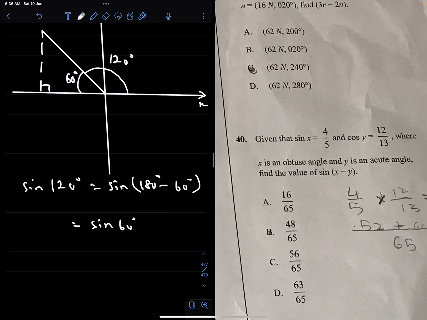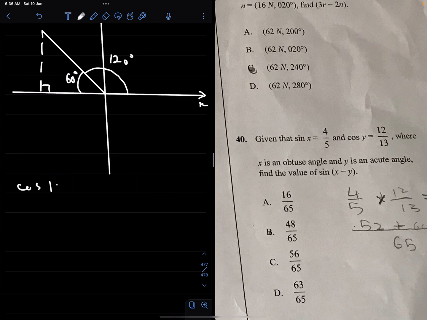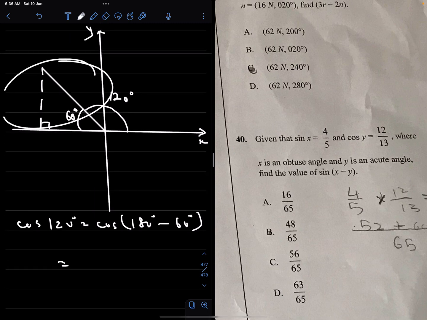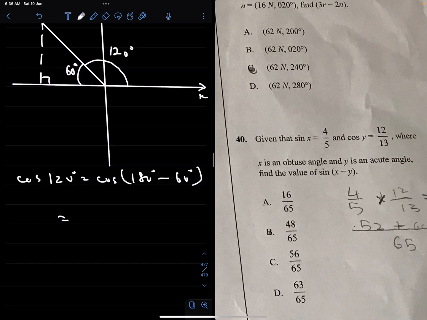If I want to find cos 120 degrees, I write it as cos 180 degrees minus 60 degrees. Because I know that cosine is negative in the second quadrant, that's going to be the same as minus cos 60 degrees.